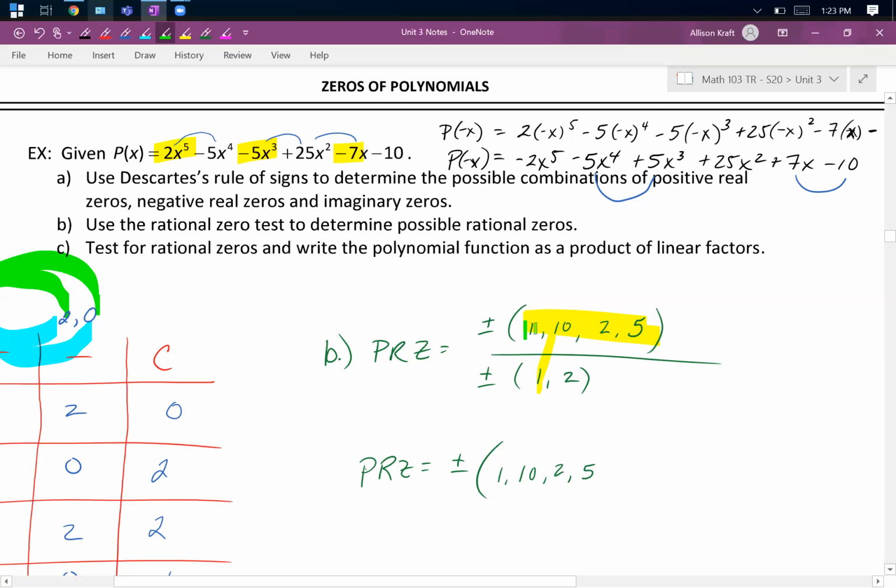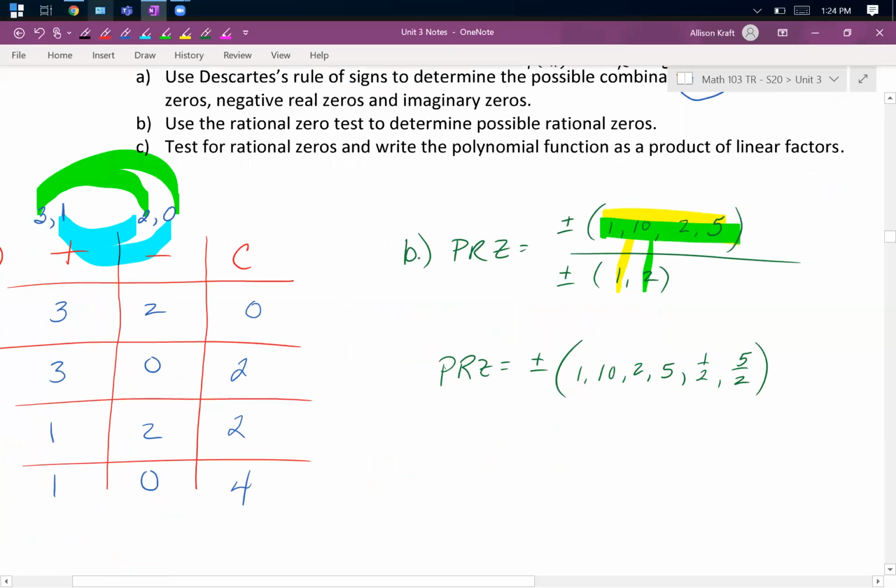And then I'm going to take every one of those numbers in the numerator and put it over 2. 1 over 2 is a half. 10 over 2 is 5, already on my list. 2 over 2 is 1, already on my list. And then 5 over 2 is 5 halves. So there we go. There's our list of possible rational zeros.